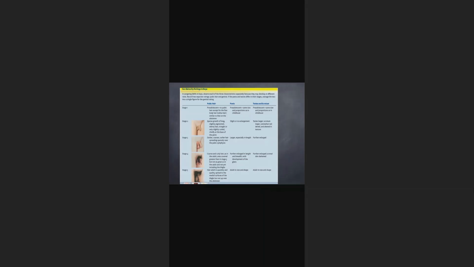For stage 2, the important thing here is the enlargement of the penis, which is the first sign of puberty in males. So you have to differentiate the Tanner staging in males. Who among you is still in stage 2, or stage 3?